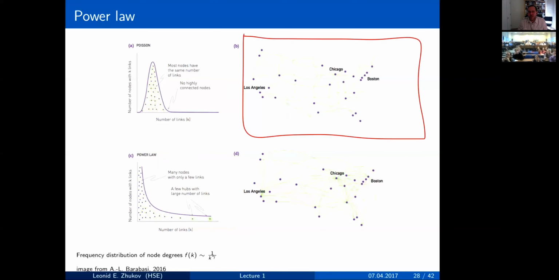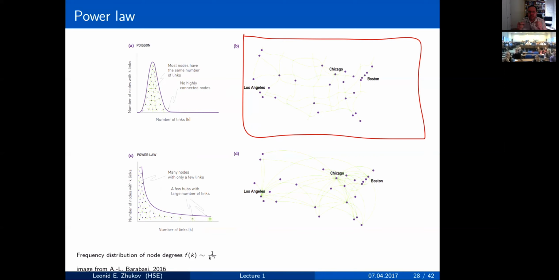It shows that there are typically several roads coming into each and every city. If you think about this roadmap as a network, the city is a node, and the number of freeways coming into the city is the number of links.